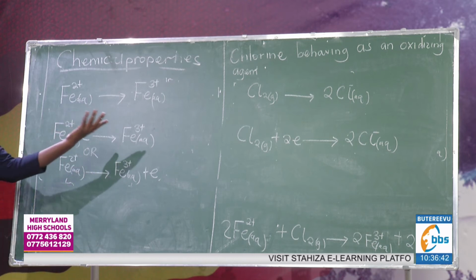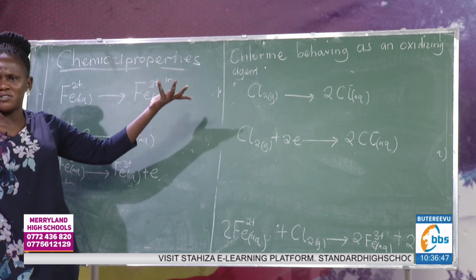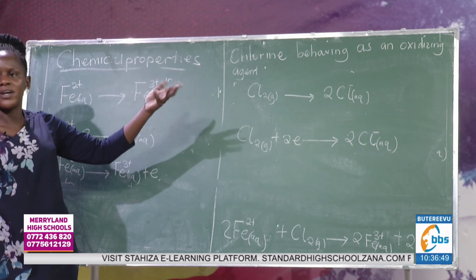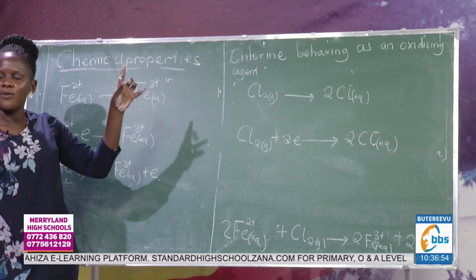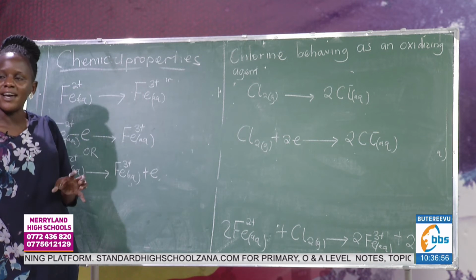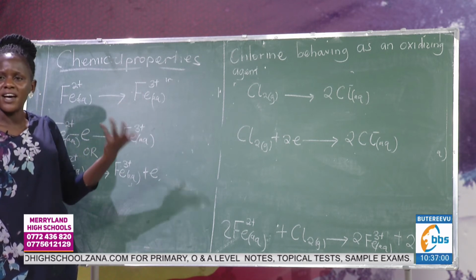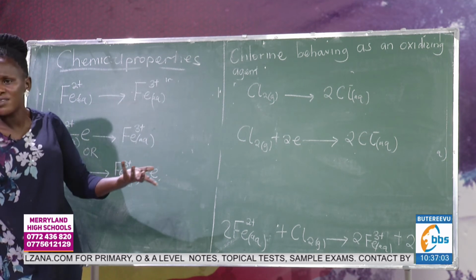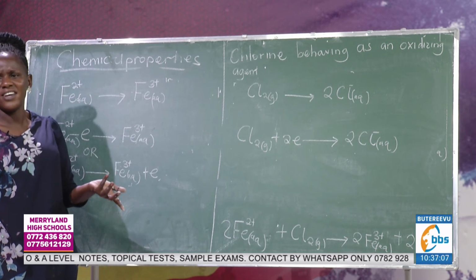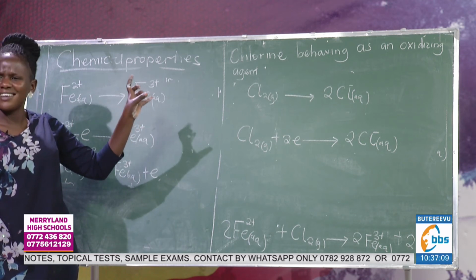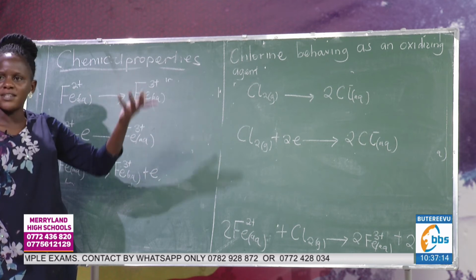Therefore, in our redox reactions, we shall see in terms of addition of oxygen, in terms of electrons, or in terms of hydrogen. So that is what takes place when chlorine is acting as an oxidizing agent to iron 2 salts. They can give you iron 2 chloride, iron 2 sulfate, or iron 2 nitrate. Are you getting it? There you must be very keen. Iron 2 will be oxidized to iron 3.